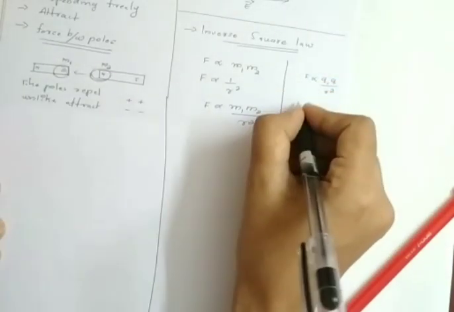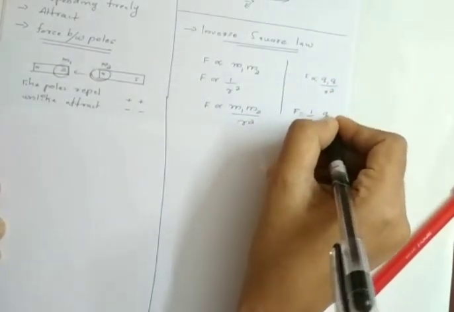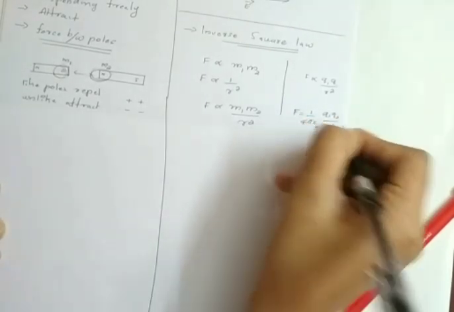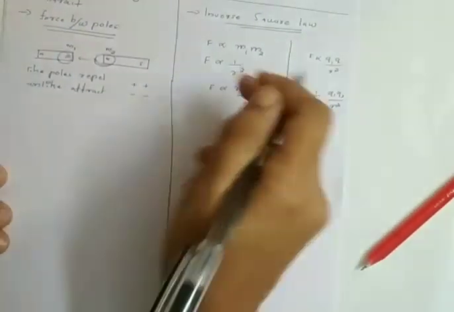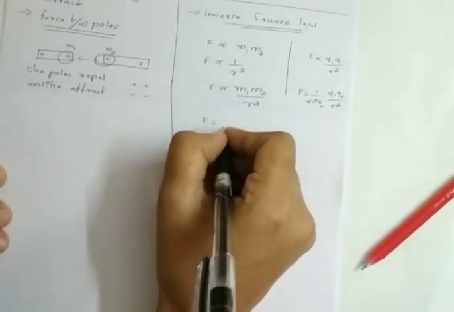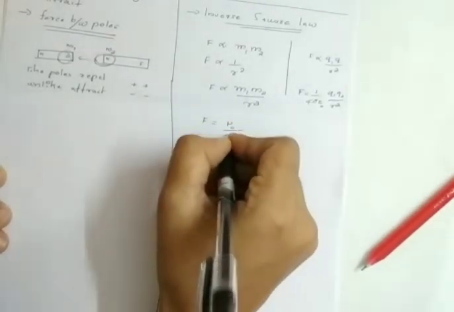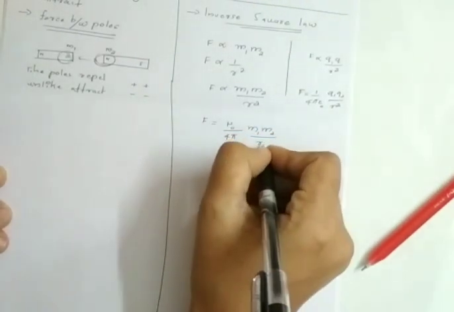In electrostatics we used F is equal to 1 by 4 pi epsilon 0 Q1 Q2 by R square. But in magnetism we are not using epsilon 0. The constant that is used in magnetism is given by F is equal to mu 0 divided by 4 pi M1 M2 divided by R square.